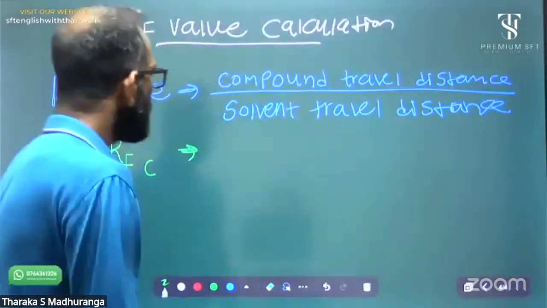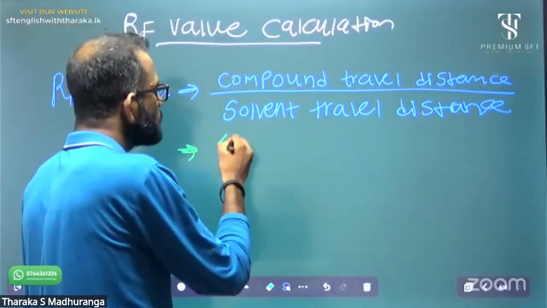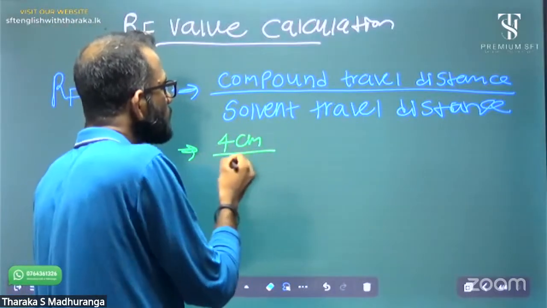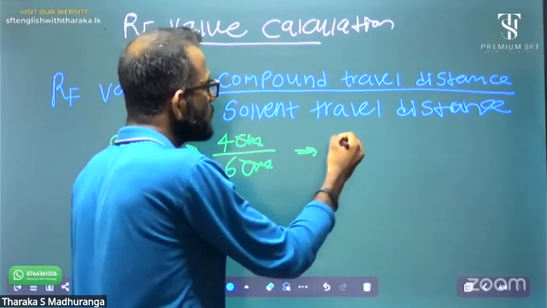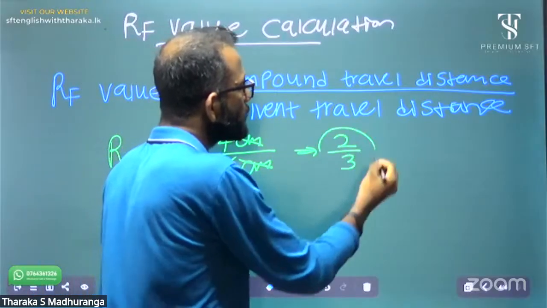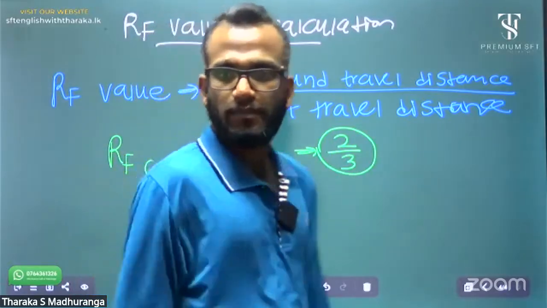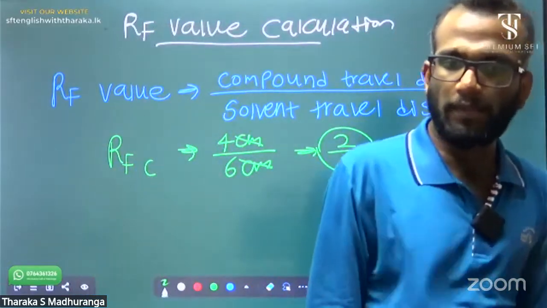Then you can get the RF value. Compound travel distance 4 centimeter, solvent travel distance 6 centimeter. 4 over 6, that means 2 over 3 is the RF value of the control sample.